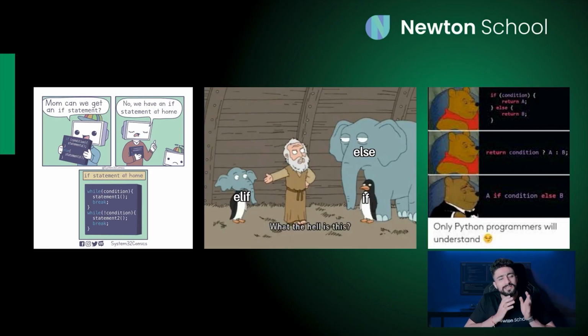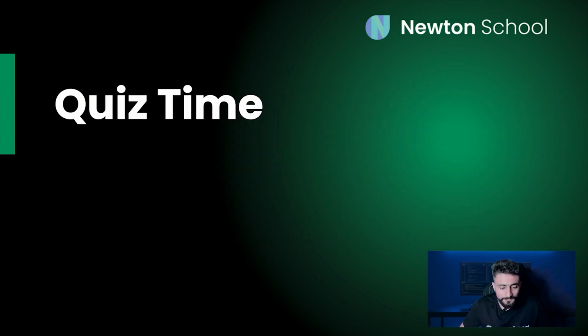You will have a single track and keep on going. Your code will not work that way. If you want your algorithm to take decisions based on conditions, that's where these conditional statements come into the picture.